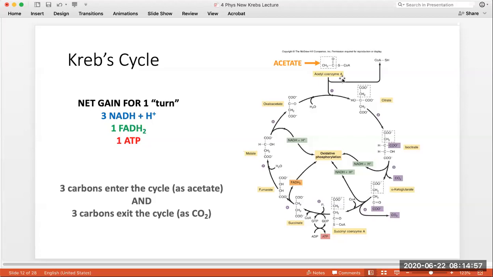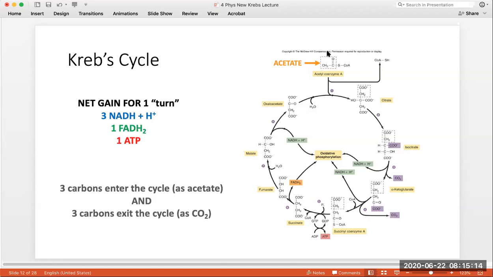Okay, so this is a cycle, which means technically you can start any place in a cycle, and you should be able to get all the way back to that same exact intermediate. And that's what you find when you're talking about metabolizing other fuel sources like amino acids or lipids.